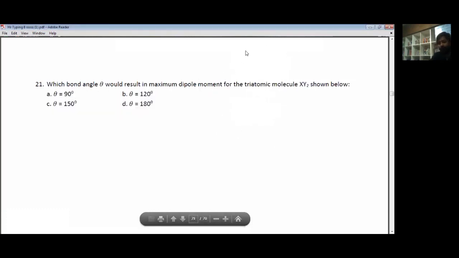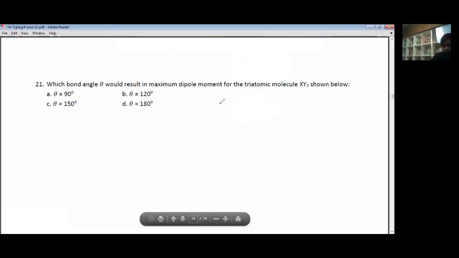So the next question. If theta would result in the maximum dipole moment of a triatomic molecule XY2, if the bond angle is theta. Fine.